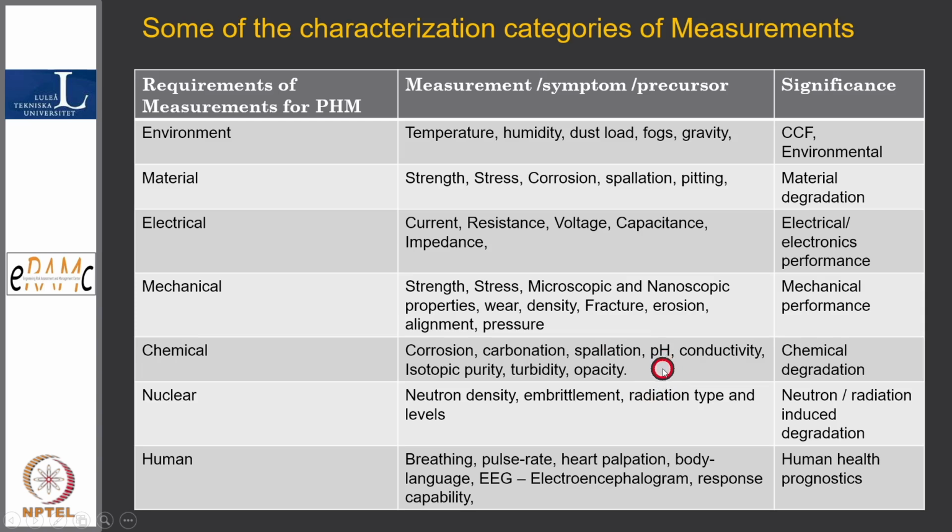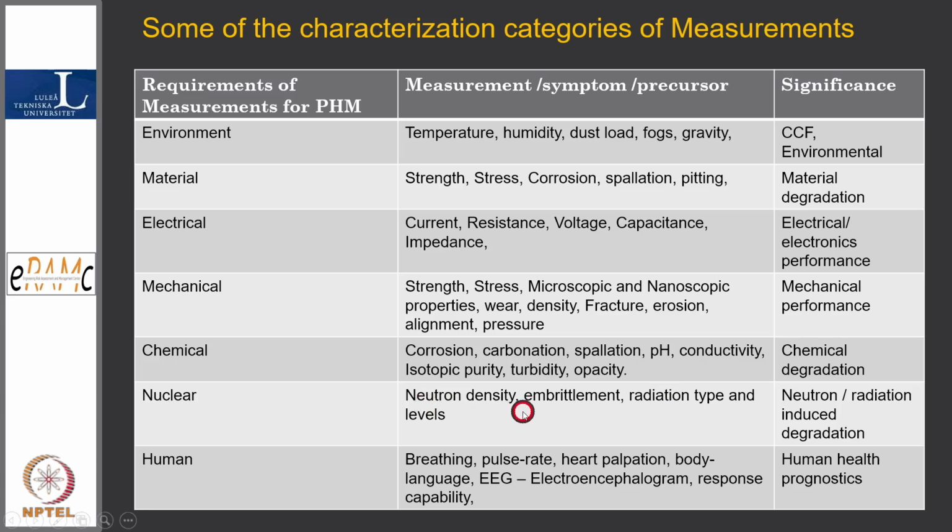And they degrade the component very fast actually, and conductivity, isotopic purity, turbidity. So you have on pH acidity or alkalinity. Acidity domain is 0 to 7, and then here 7 to 14 is alkalinity, and they are the biggest parameter for inducing corrosion into the system.